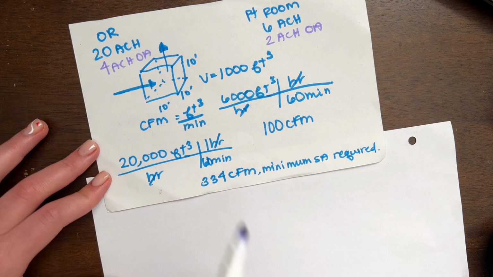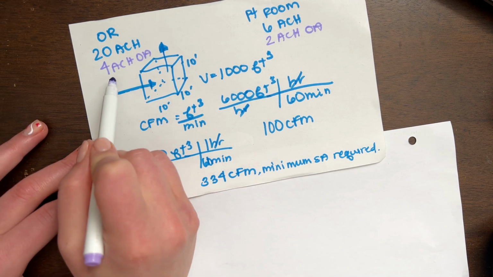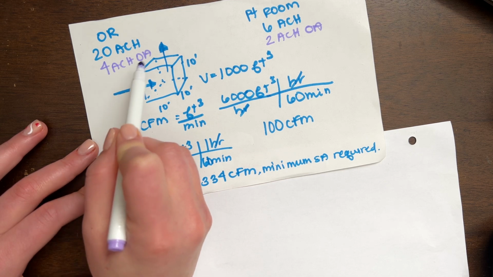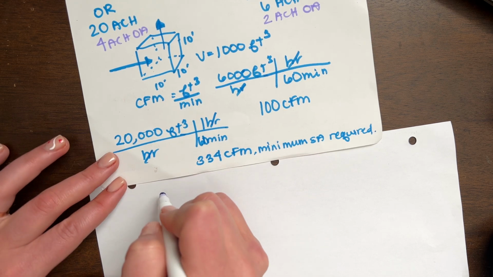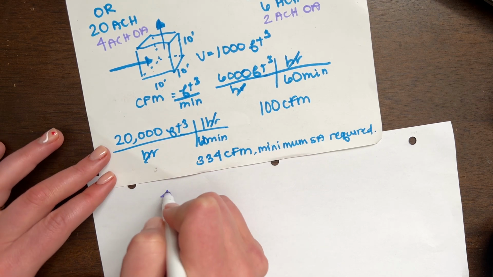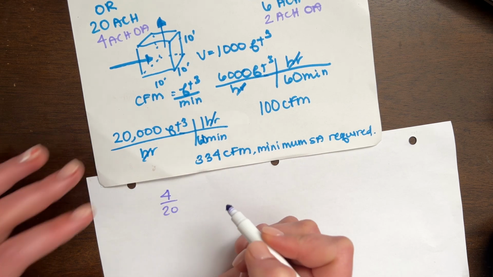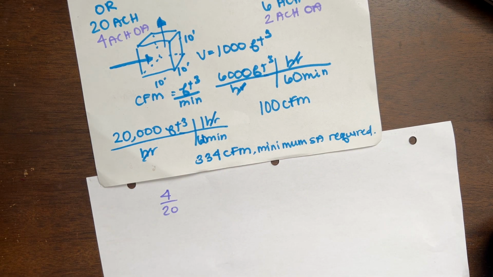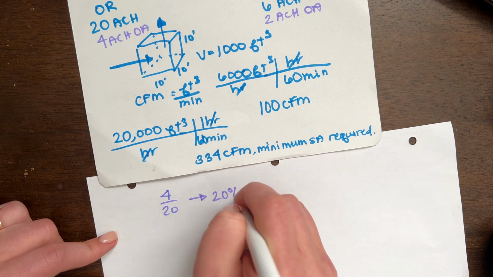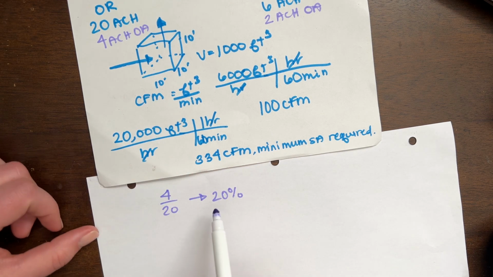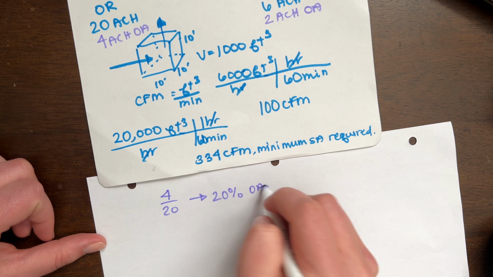Well, it's given in code. In each space, I need 4 air changes of outside air and 20 air changes of supply. So it's a simple fraction. 4 out of 20. That gives you 20% of the air going in here needs to be outside air.